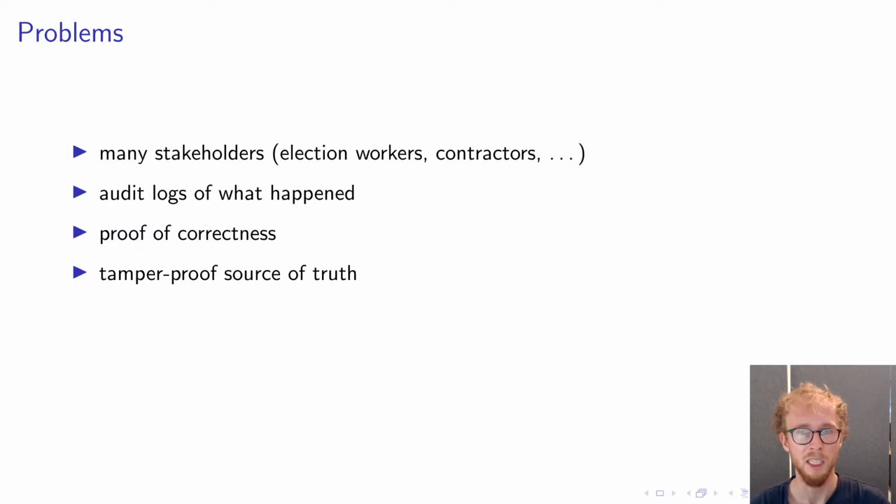Okay, and then one last problem we have is, oh, it's not the last one, sorry. We have a very short time of high traffic. The election, when it's happening, is a very short time and there is a lot happening during it.